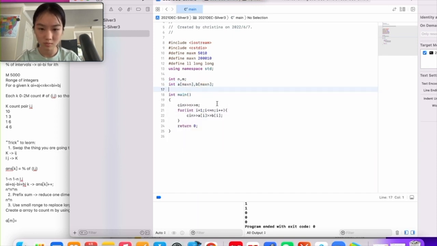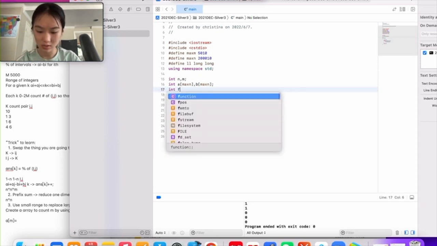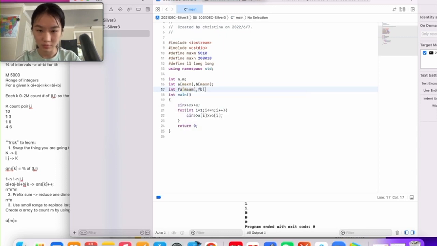And after doing that, I said we need to transfer index to value, so we need another array to transfer value. This is max m because the value is at most max m. So we enumerate the 2 values that consist of a k.